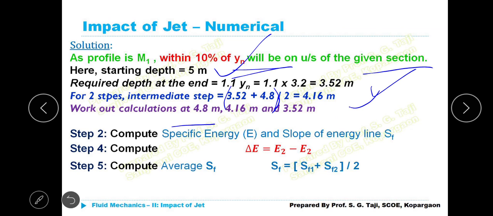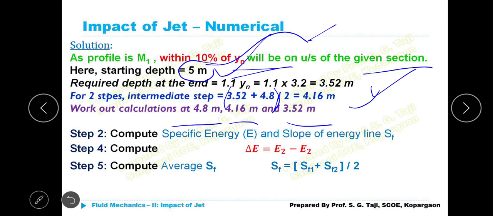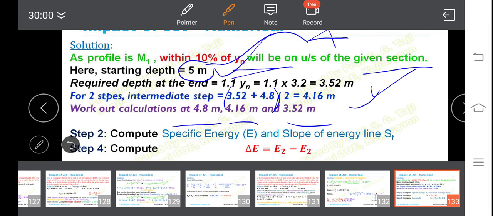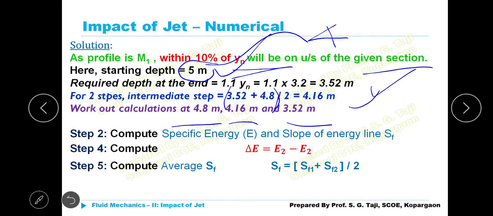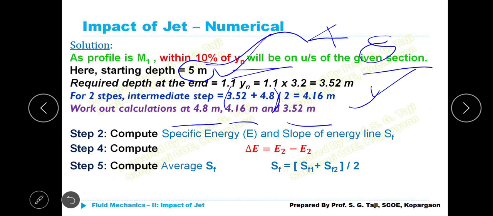Work out calculations at 4.8 meter, 4.16 meter and 3.52 meter. Means here this 5 meter should have been 4.8 meter. It is not 5, it is 4.8 meter.